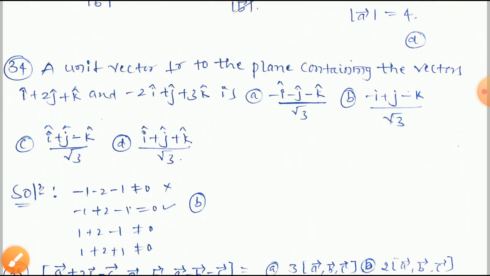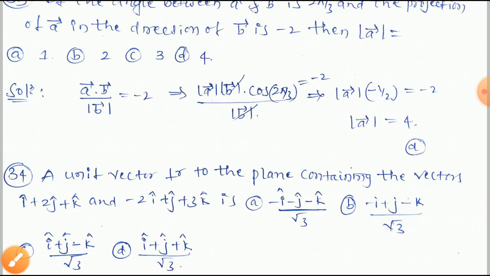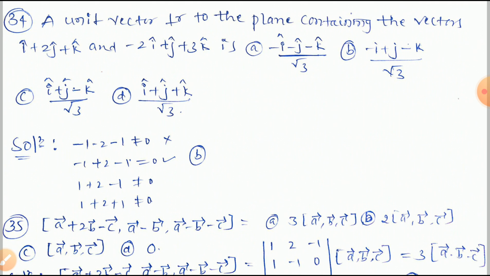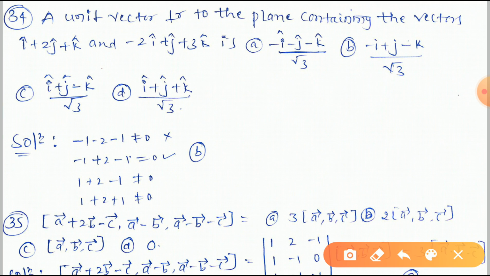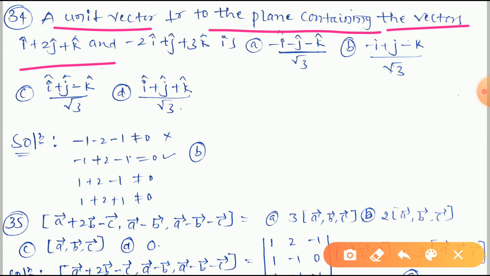Question number 34. A unit vector perpendicular to the plane containing the vectors i plus 2j plus k and minus 2i plus j plus 3k is, the options are like this: this is A option, this is B option, this is C option, and the fourth option.